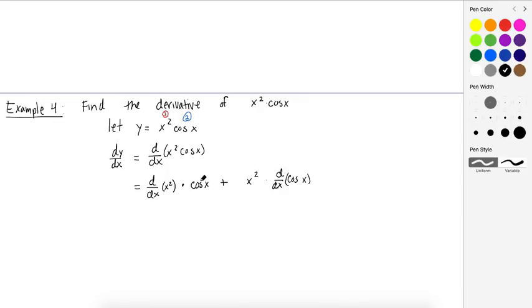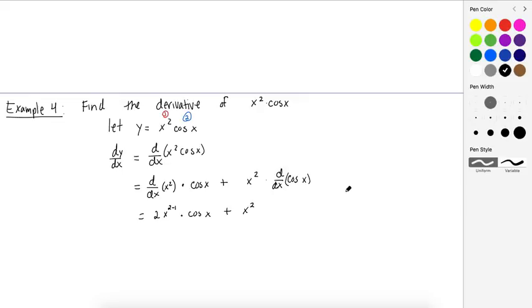Okay? And using what we have just seen, it should be bring this 2 down to the front, subtract 1 from the exponent, and we're going to multiply that times cosine of x, plus this stays by itself.